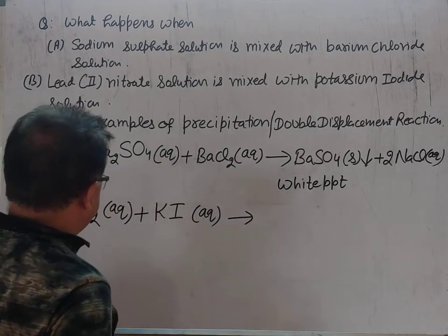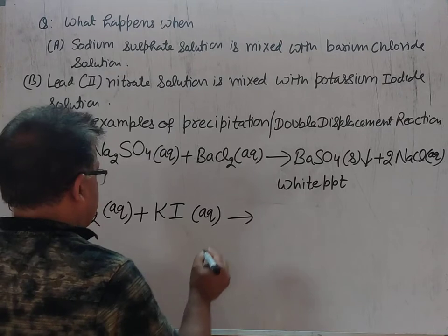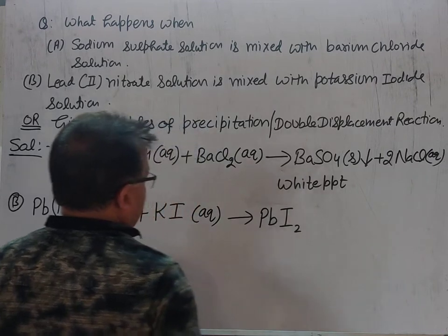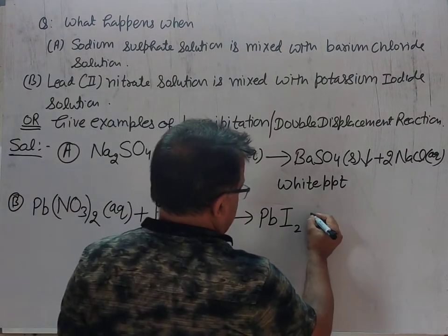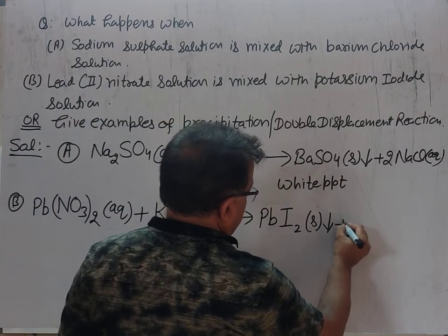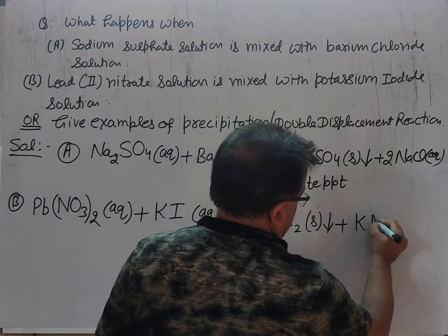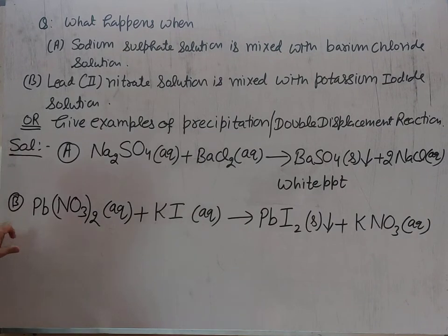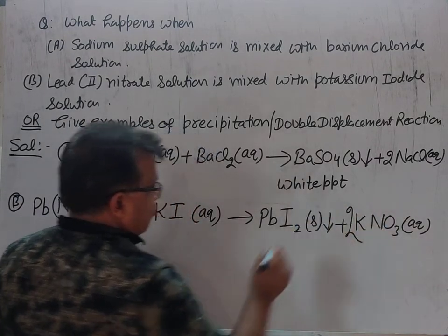We shall obtain PbI2, that is lead iodide, which is a solid PPT with a downward arrow, and KNO3, which is an aqueous solution. Now for balancing, Pb is 1 on both sides, but NO3 is 2 here and 1 here, so we shall place 2 here for balancing.